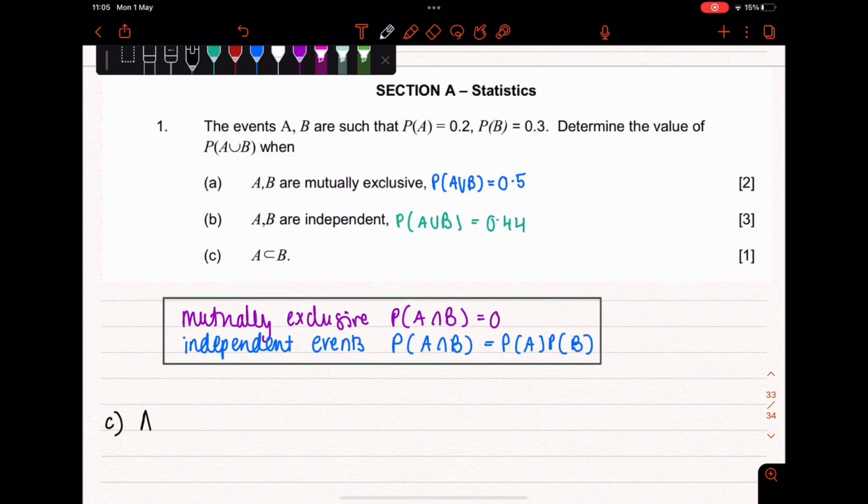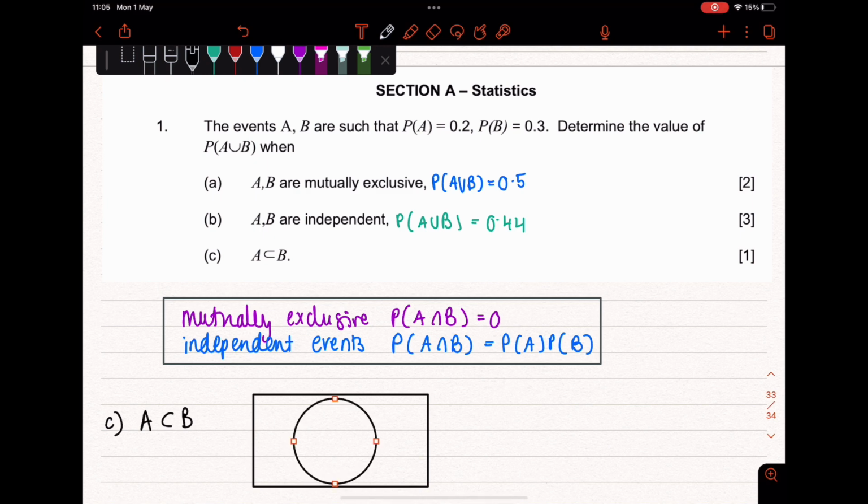Okay, so part C is asking us to find A union B, whereby event A is a subset of B, meaning we have event B, and within event B, we have event A, as shown in the diagram.